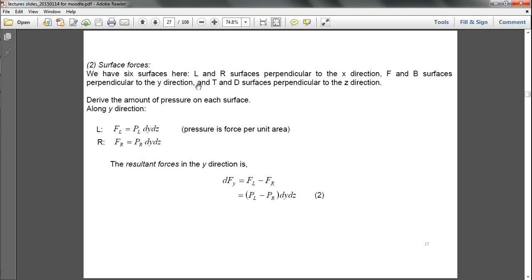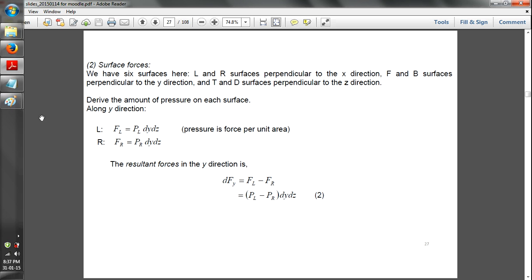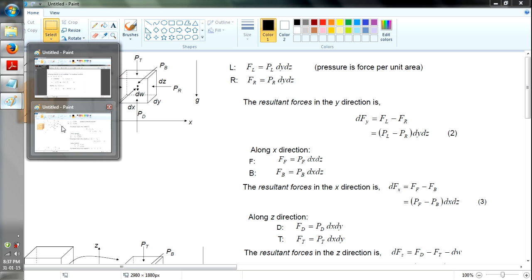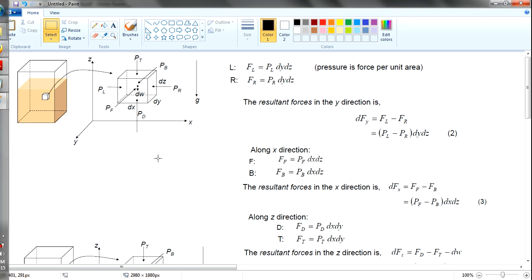And then the surface force is complicated, but I hope I can give you an understanding. We have a six-sided cube. If it is submerged into the water, there will be a pressure against all sides of the cube.